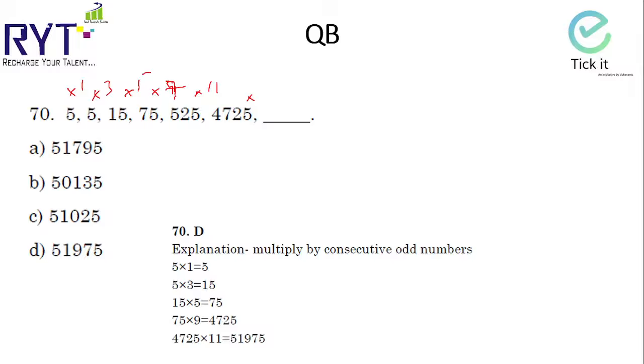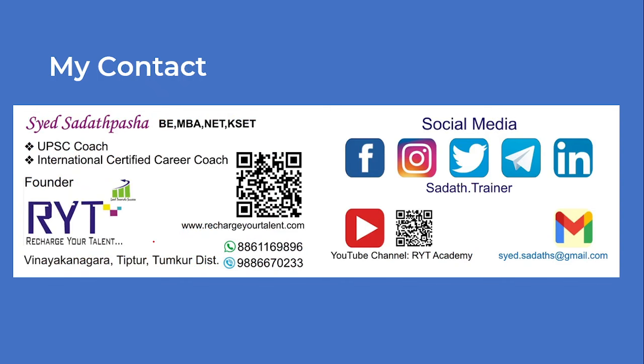This is into 7. 75 into 7. Then we have into 9, into 11. So next number we will get is 4725 into 11, which is 51975. Option D is the correct answer.